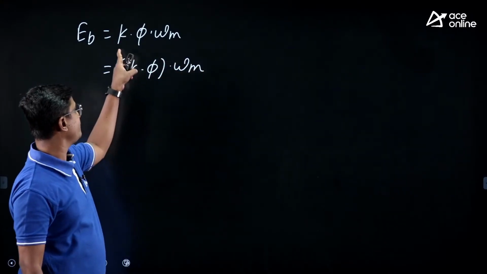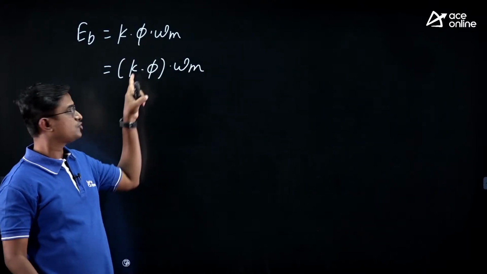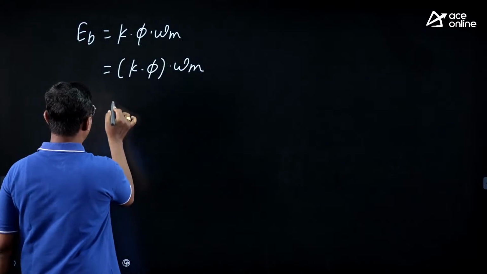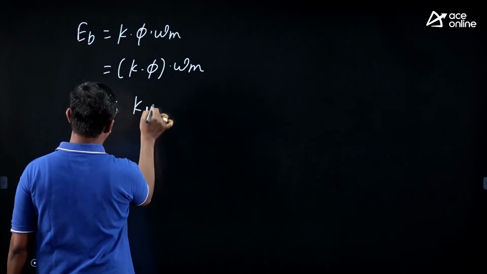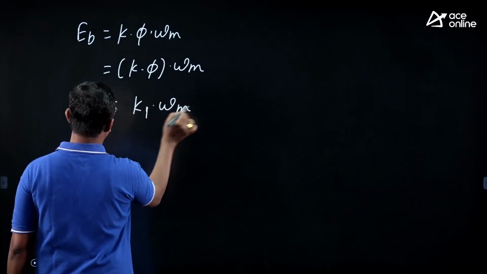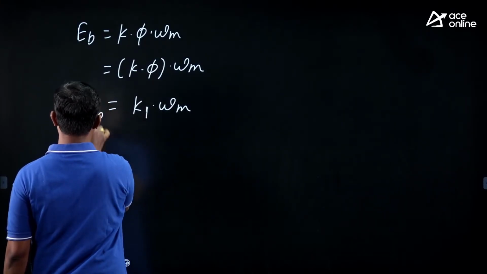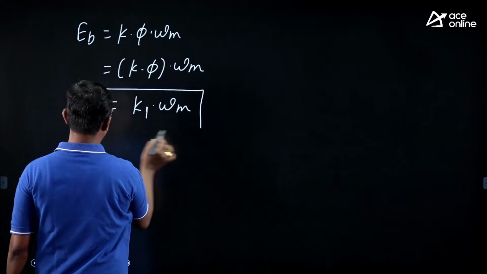K is a constant, phi is also constant now. So the product of the two constants will again be a constant. So let me write it as K1 into omega m. So EB equal to K1 into omega m.